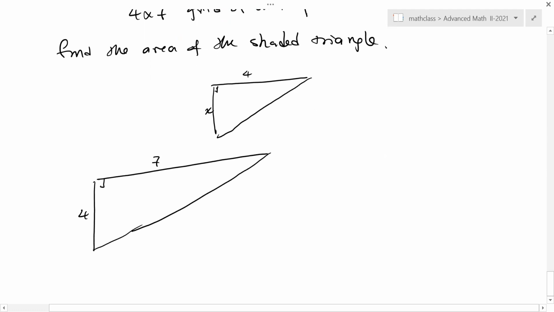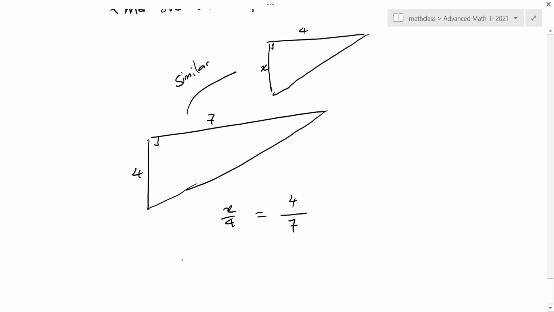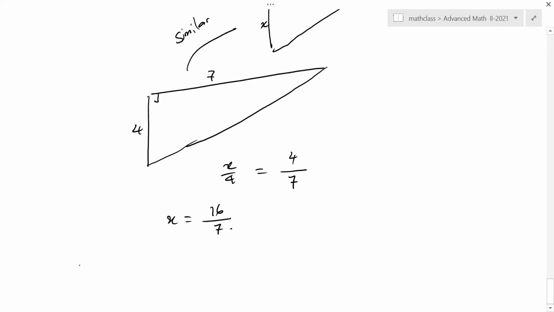So x over 4 is going to be 4 over 7. So x is going to be 16 over 7. That's the answer.